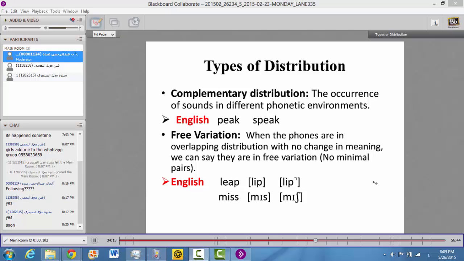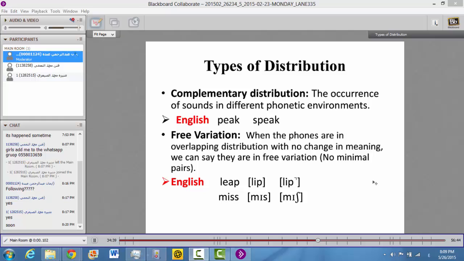Free variation, it's another case. In pronunciation, it occurs whenever the phones are in overlapping distribution, but they don't signal a difference in meaning. So we can say here that they are in free variation. Either use this or that, it's okay. No minimal pairs here.